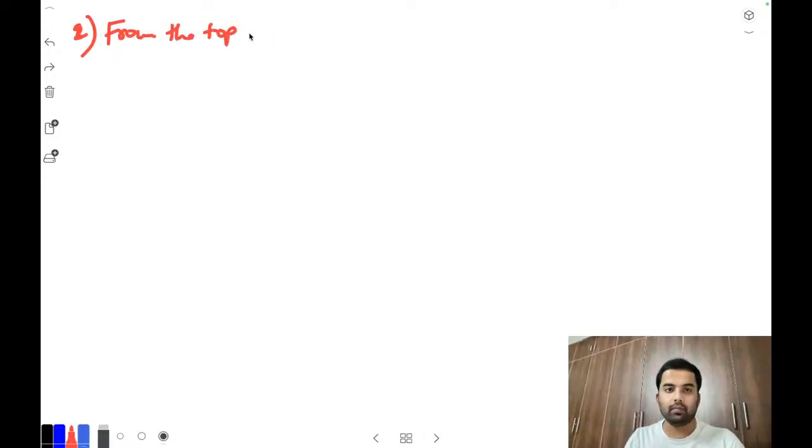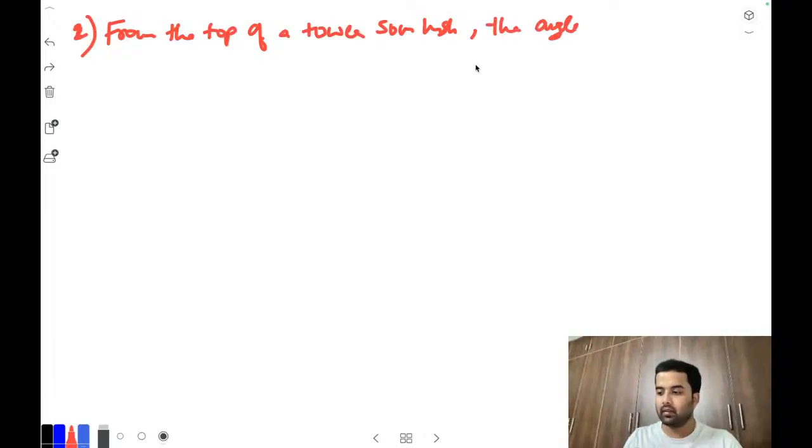From the top of a tower, 50 meter high, the angles of depression, you just try making the diagram.